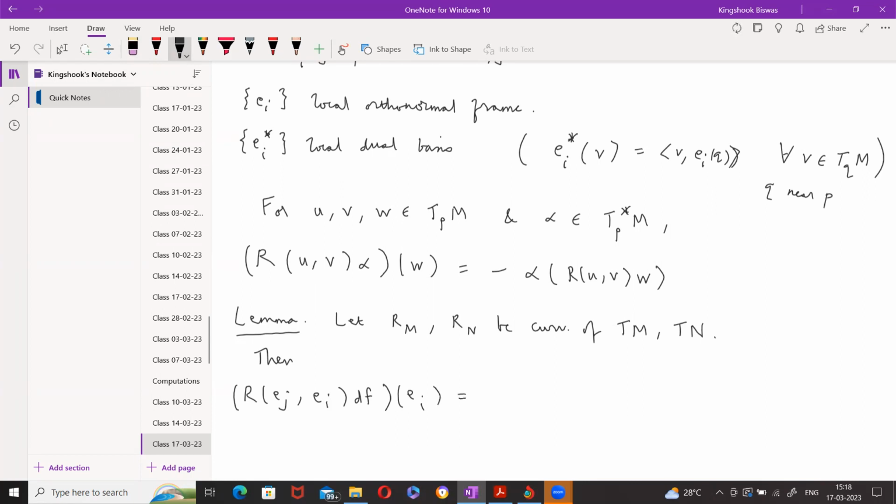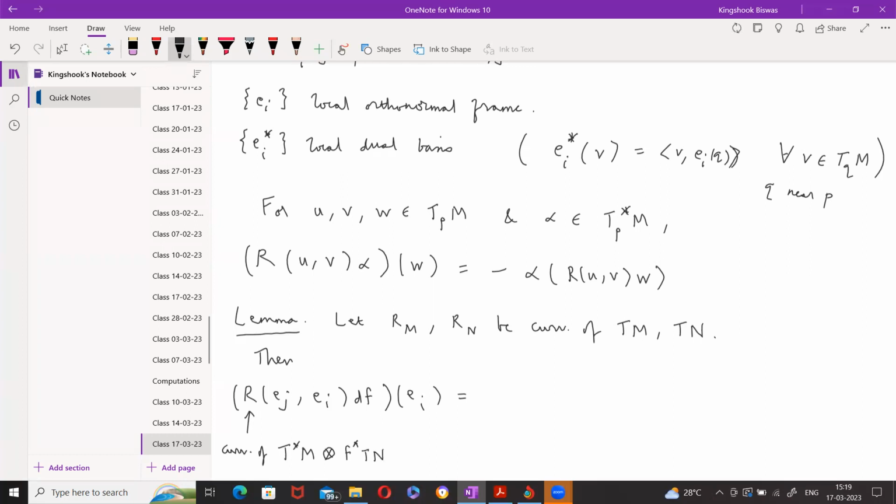We'll be able to write this in terms of the curvatures of M and N. But first understand what this is. This df is a section of a tensor product bundle, T star M tensor F star TN, right? On that we have an induced connection. This R is the curvature of T star M tensor F star TN.